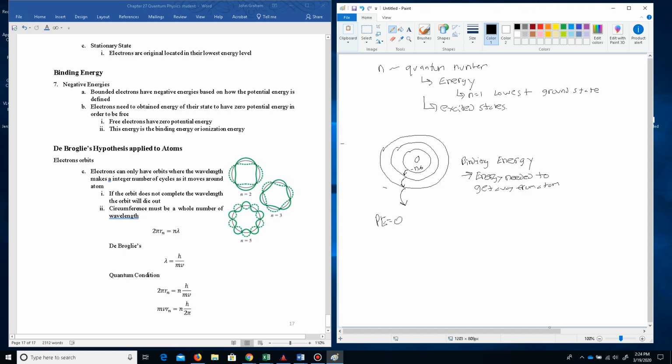So for instance, I'm just going to draw a circle here. You don't want it to be where it comes up and goes down. I'm going to try to draw as even as possible, if I can, because the wavelength can't change. And then come in and not meet where it's supposed to.